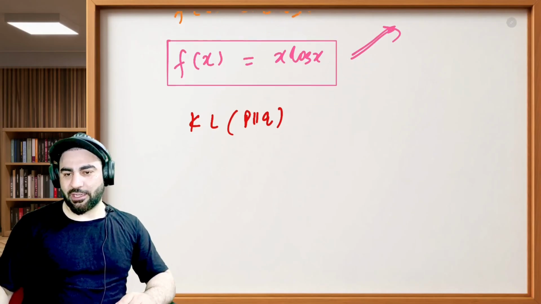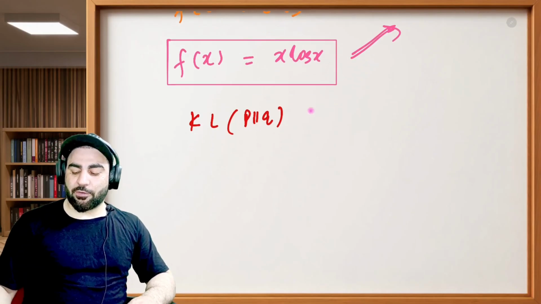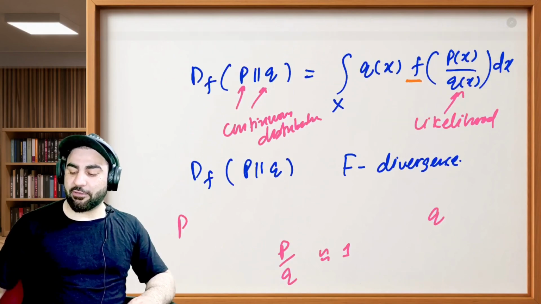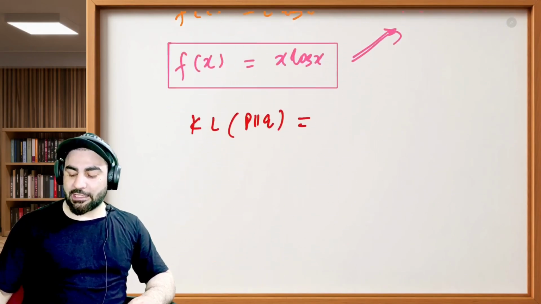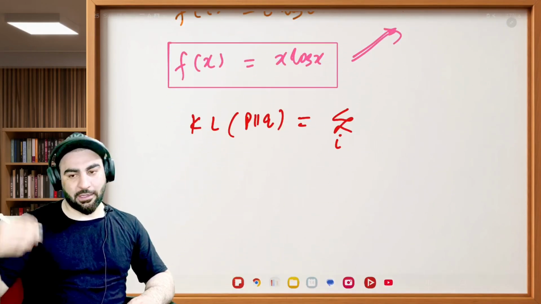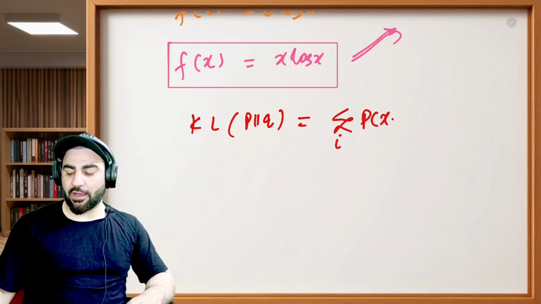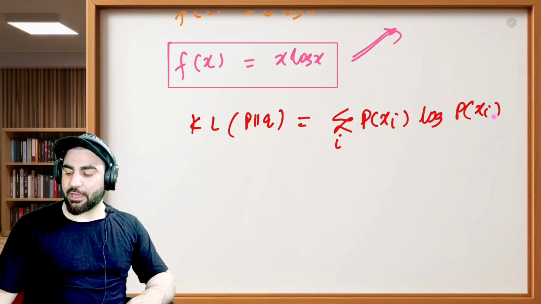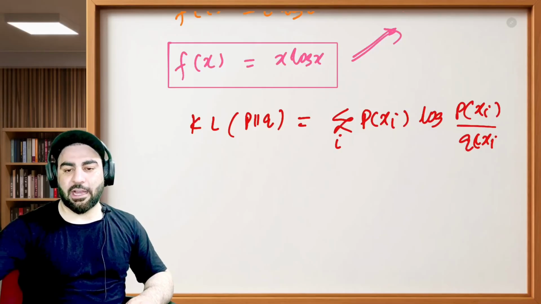Let's do it for the discrete case. KL divergence of p given q: now this integral will change to summation. So I can write the summation over i, where i ranges over the sample space, of p of xi log of p of xi divided by q of xi.